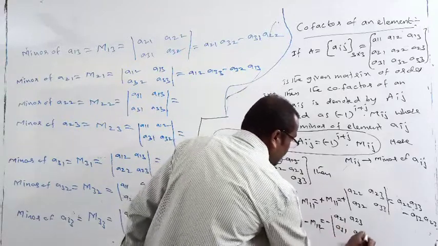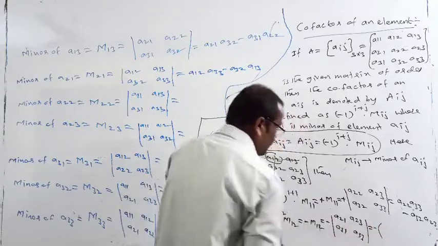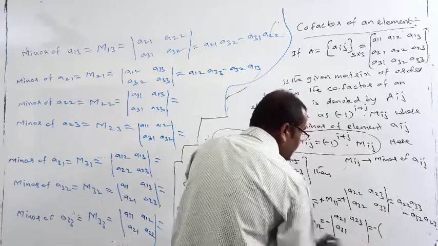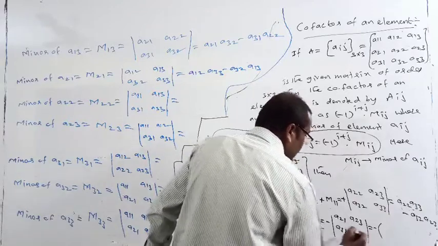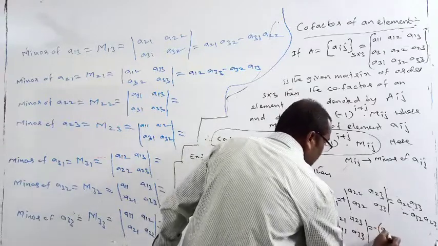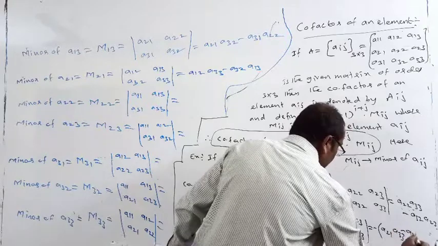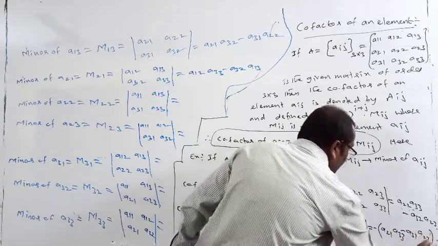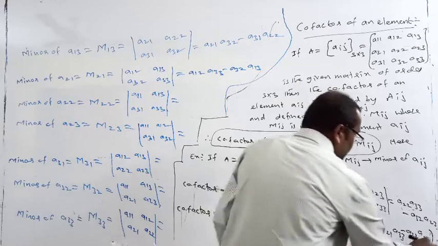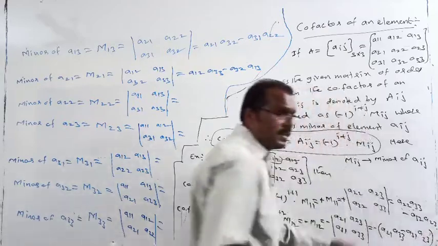Now it can be expanded. Minus of determinant expansion: A21 A33 minus A31 A23.